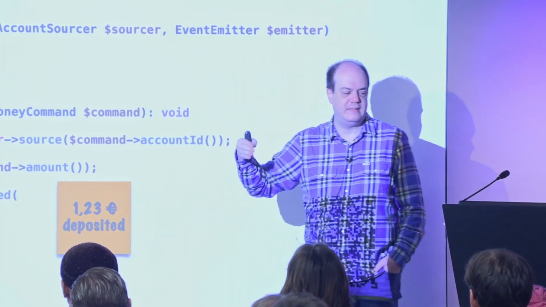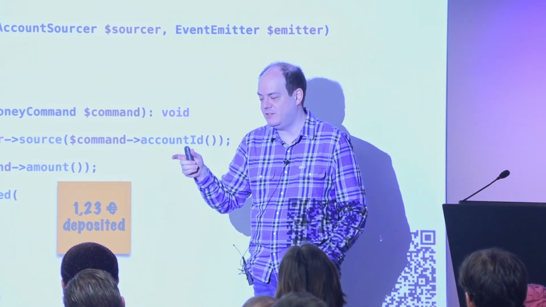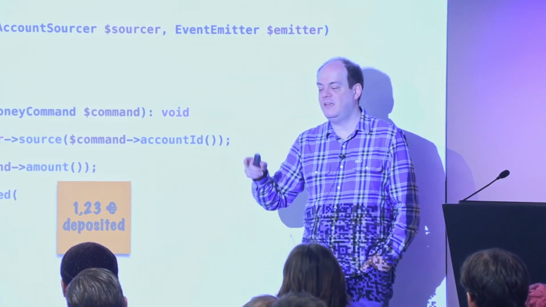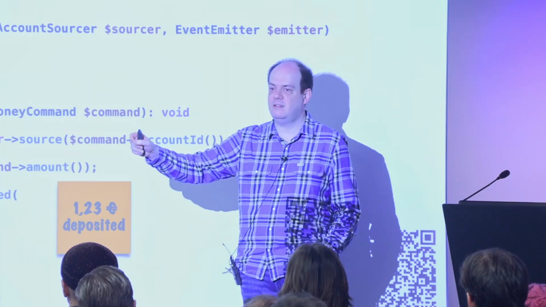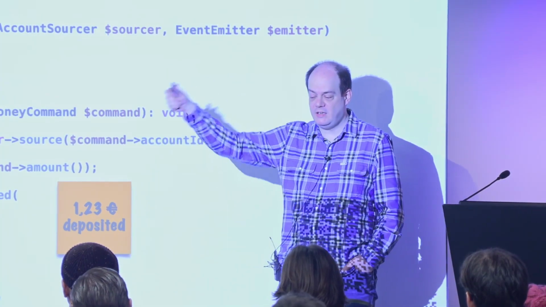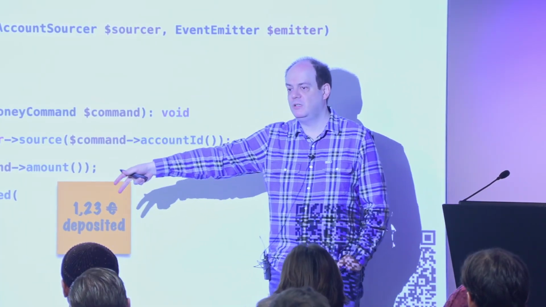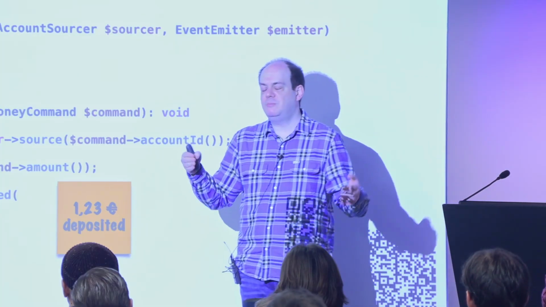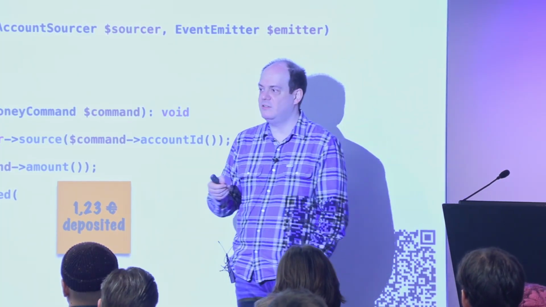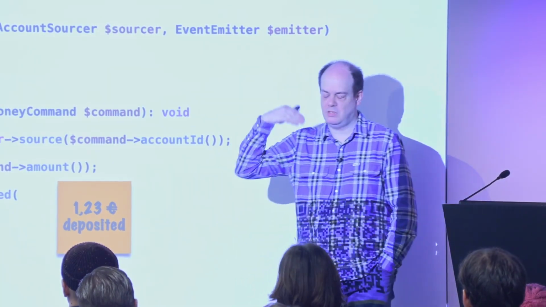And the recording that this has happened is what the emitter dependency of this command processor is responsible for. We tell the emitter, hey, there is a new event that needs to be recorded. Money has been deposited into this account. It was this amount. And here is a description. And description is, in this case, really simple text that would tell something, hey, somebody went to an ATM and deposited money, or someone deposited money in some other way.